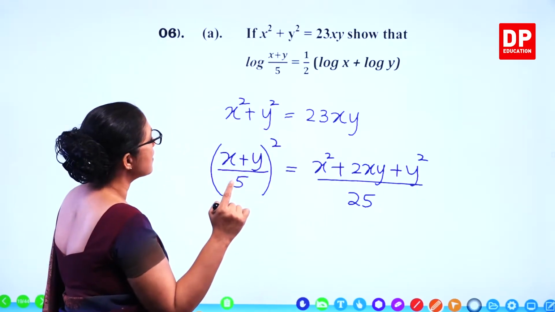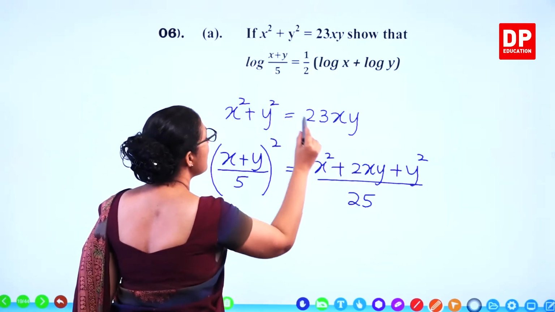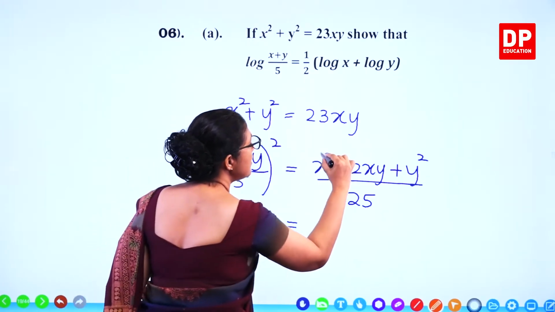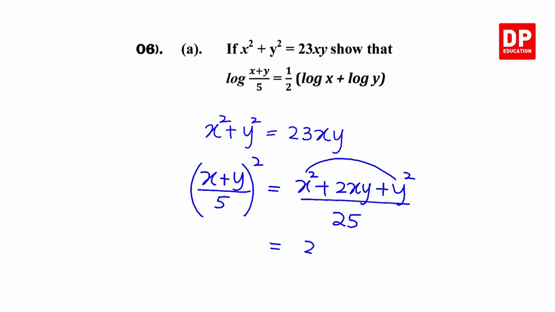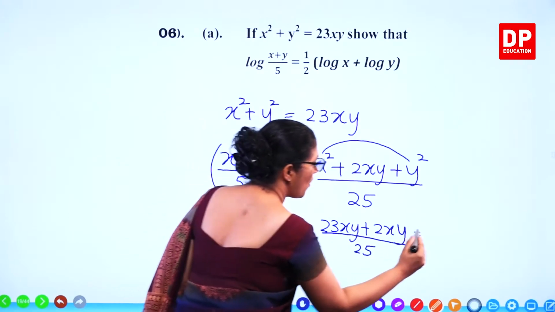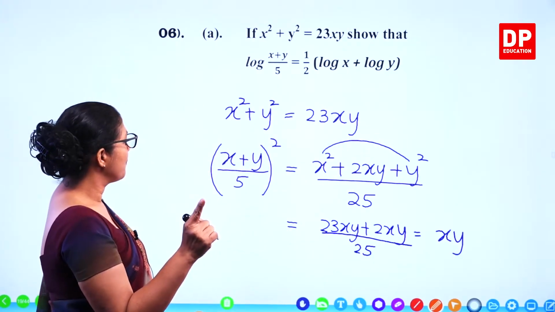Now we can plug in 23xy instead of x squared plus y squared. I can write these two becomes 23xy and 2xy over 25. 23 plus 2, 25. So 25 over 25, 1. So when you simplify, you get xy.